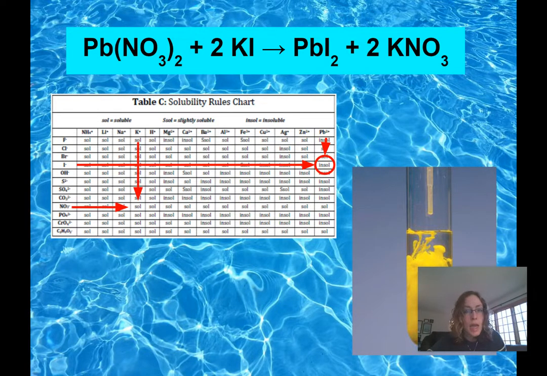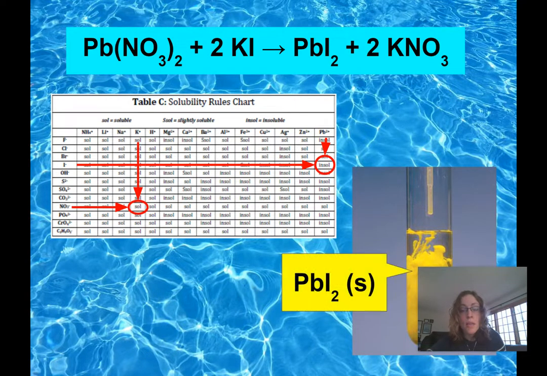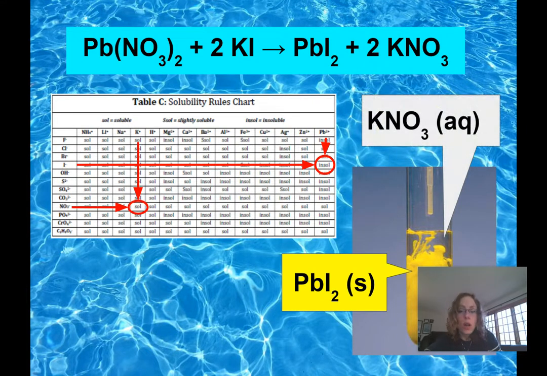And KNO3, it says sol. That means that lead iodide is not soluble, it's insoluble, and that is my solid. So the yellow stuff in this test tube is lead 2 iodide. And the potassium nitrate is still dissolved. And so the clear solution does have potassium nitrate in it.